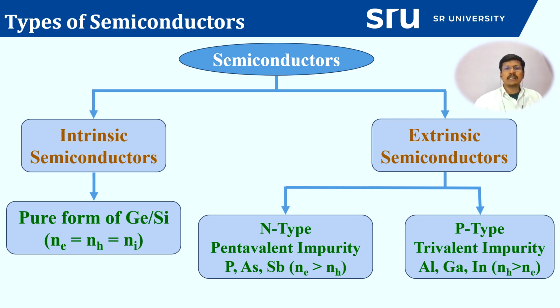To increase the conductivity, the engineers intentionally introduce impurities into the semiconductor crystal lattice. This process is called doping. The resulting material is called an extrinsic semiconductor, also known as a doped semiconductor.